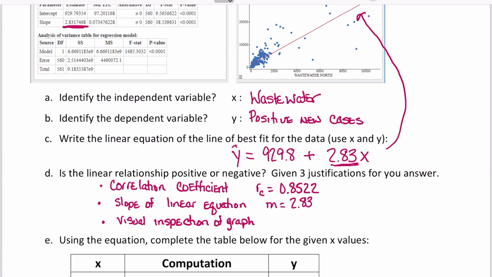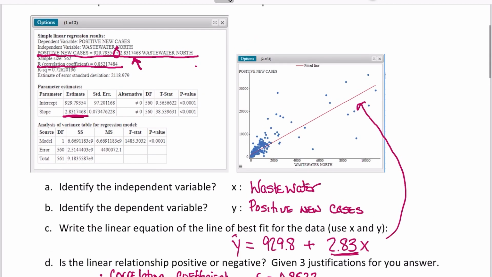And now a visual inspection of the graph. My graph is heading up as I read from left to right. As the wastewater increases, so does the positive new cases, which makes sense. The more COVID we're seeing in the wastewater, the more COVID we'll see in positive new cases being tested.